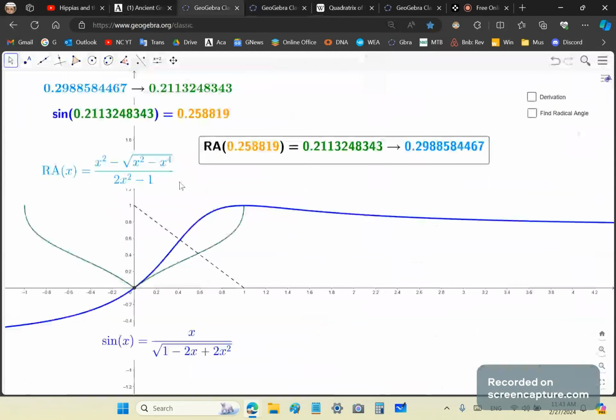And how does that work in with these new functions? Well, let's just see quickly, okay? So the sine ratio is, with these new formulas, by the way, okay, it takes a parameter x, and it's x over root of 1 minus 2x plus 2x squared, okay?